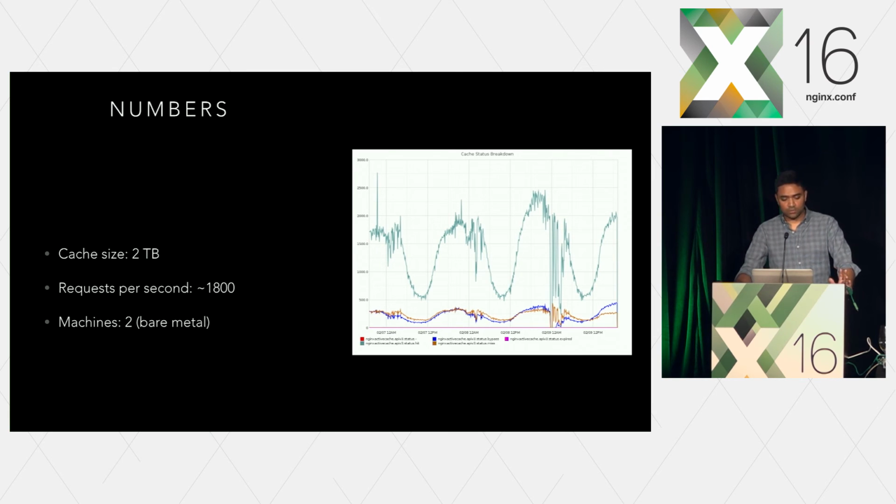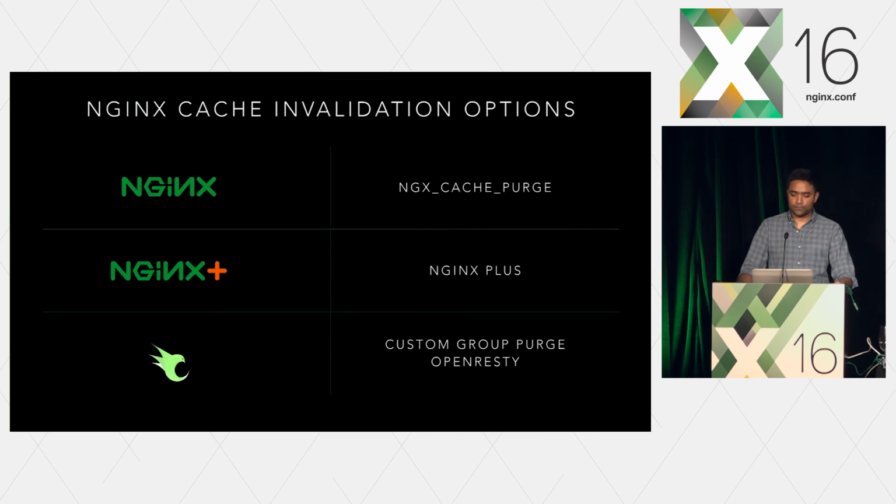And we were able to handle about 1,800 requests over 2 bare metal servers with a cache size coming up to 2 terabytes when it filled up over the course of a week. So it's pretty performant, because of Lua and the JIT that comes with it.